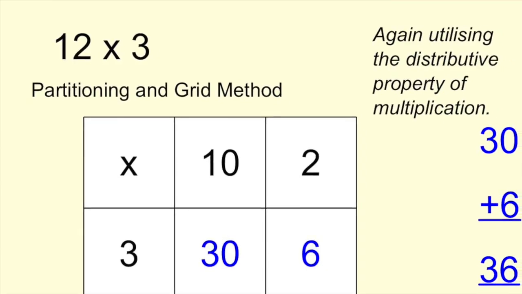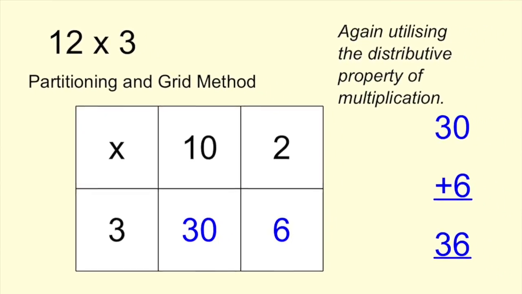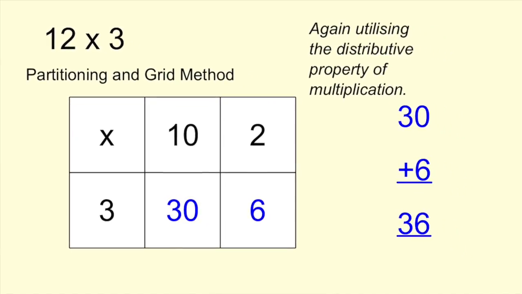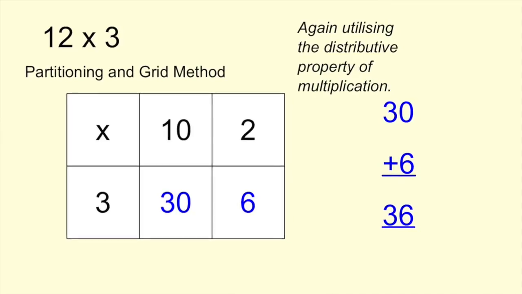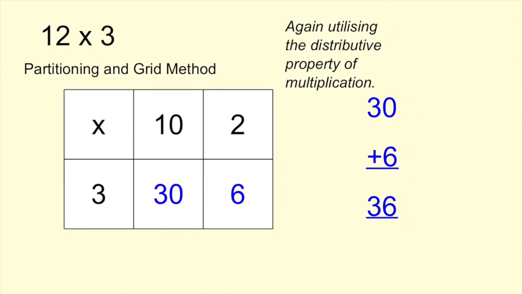So 3 times 10, or rather 10 times 3 is 30, and 2 times 3 is 6. We then simply add those two components together. 30 add 6 gives us 36.